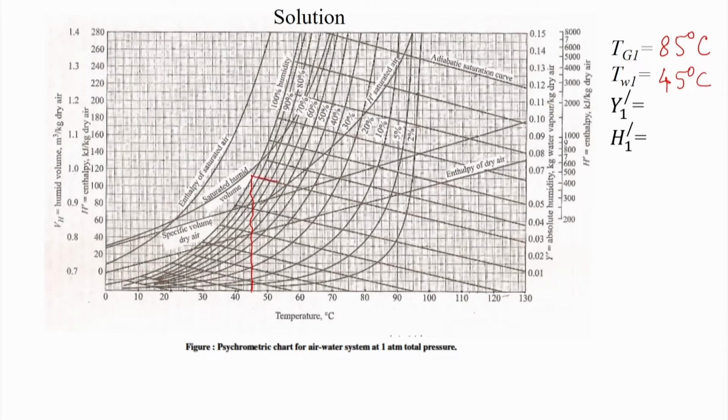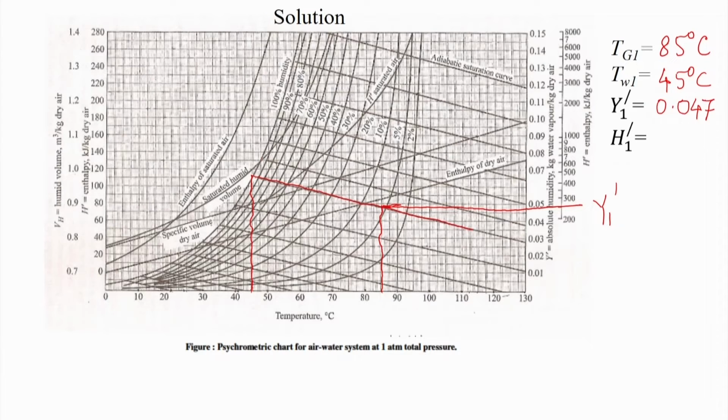We move from 85 degrees Celsius, that is Tg1, in the vertical direction and touch one point, and from there we move towards the Y axis, and we get Y1 prime, which is 0.047 kg per kg dry air.